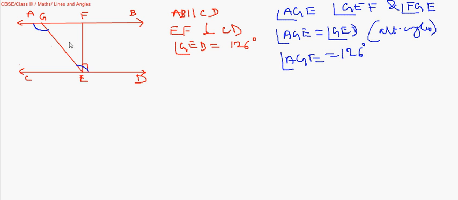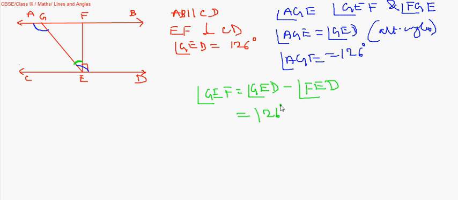Now we have to calculate GEF, this portion only. If you look carefully, angle GEF is equal to angle GED minus angle FED. So GED was 126, minus FED is given to be 90, so that makes it 36 degrees.